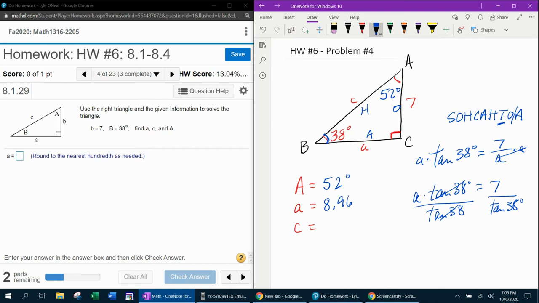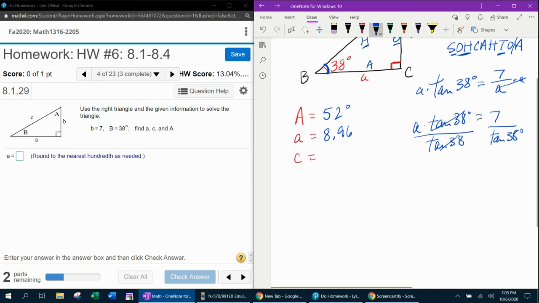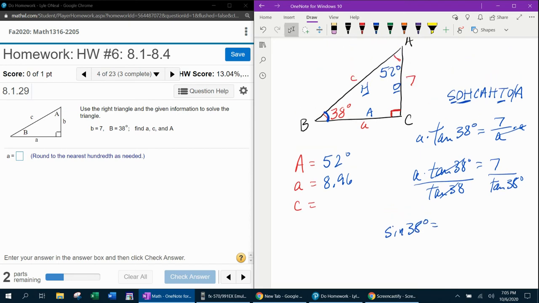Similarly, to find little c, I can go to SOHCAHTOA. And little c, if I keep the 38 as my reference angle, would be opposite and hypotenuse. Opposite and hypotenuse leads me to sine. So I can say sine 38, that's sine theta is opposite over hypotenuse.